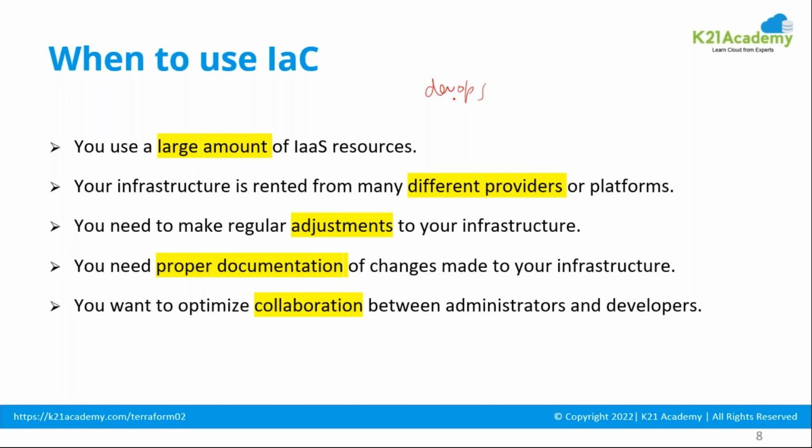It's very difficult to synchronize both teams together. But with the IaC approach, it becomes very easy, because both of them have a simple platform to work on. It becomes very easy to contribute and manage for both collaborating teams. And these are the reasons why you should start using the infrastructure as code approach.